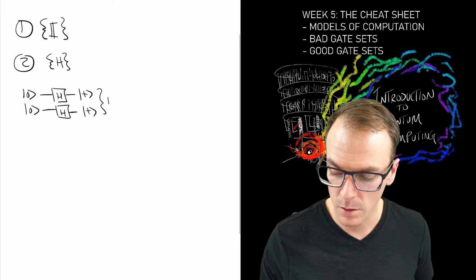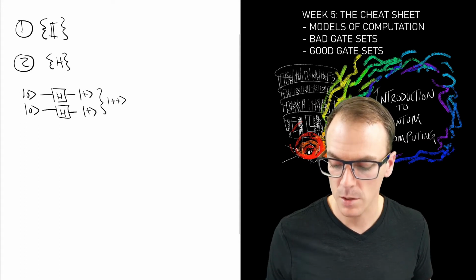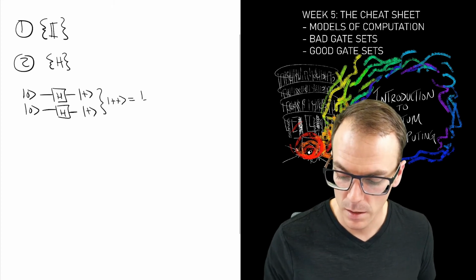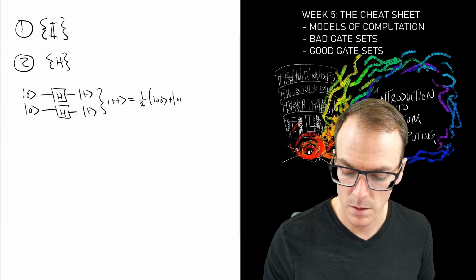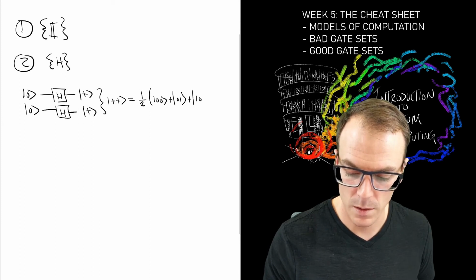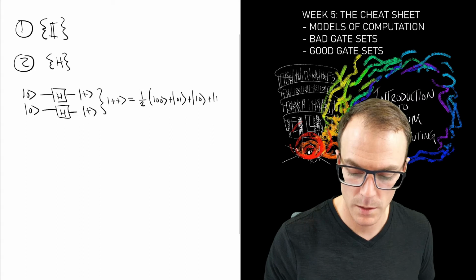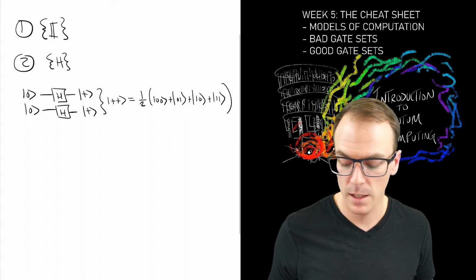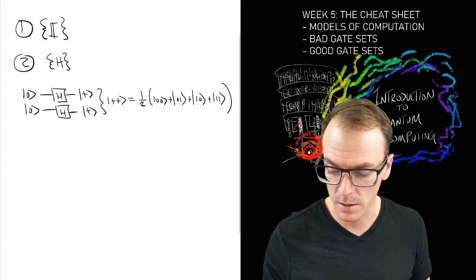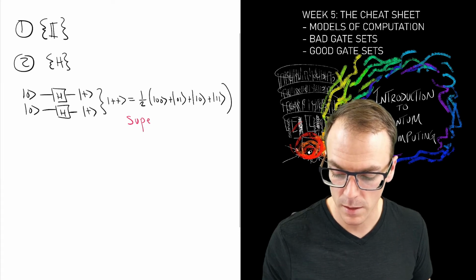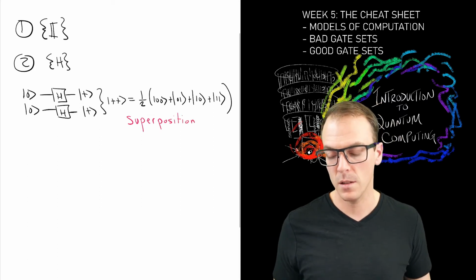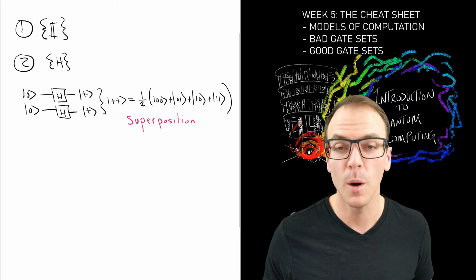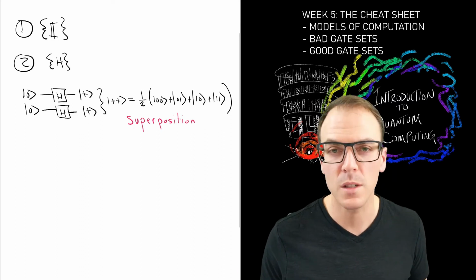And we know from our tensor products that this is 00 plus 01 plus 10 plus 11. And that is interesting because it's a really great superposition because it contains all possible basis states. So it's like the most superposed state.